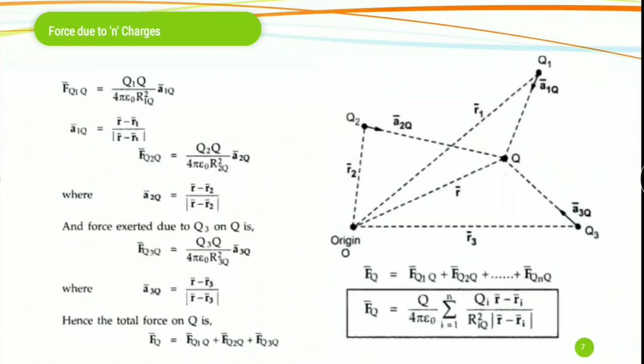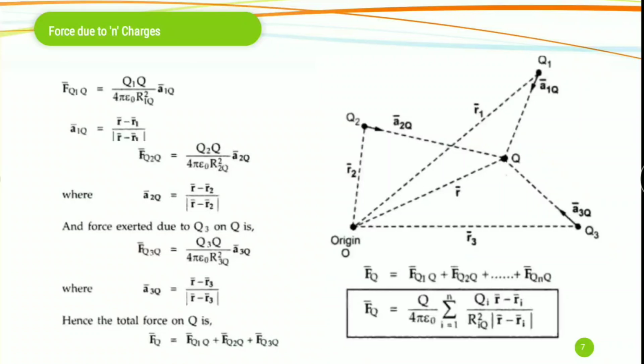Now here there are more than one charge. How do we calculate the force on these charges? Let us take the Q and Q1 charges. Now we have to find the force between these two charges. So just imagine, first you take the origin, which is at a distance R from Q, and R1 distance from Q1.